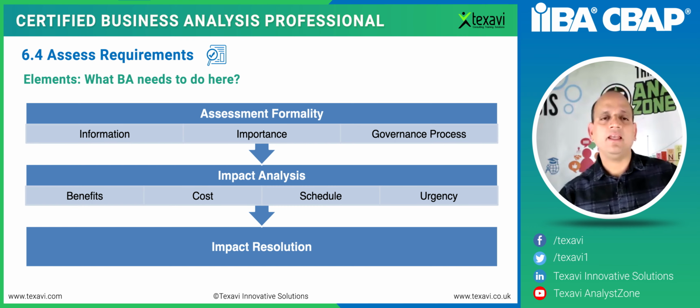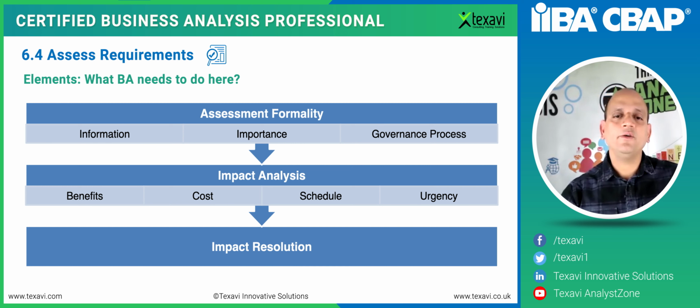So when it comes to the BA, what do we need to do as BAs here? Obviously we need to understand the level of formality of the assessment: whether it's formal, or can be done informally, casually. Which means it is about your approach.